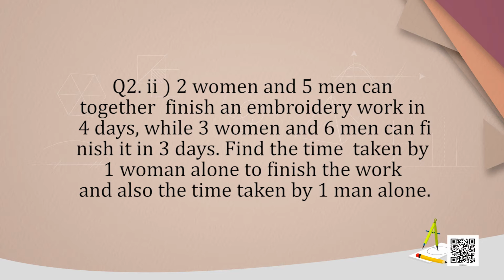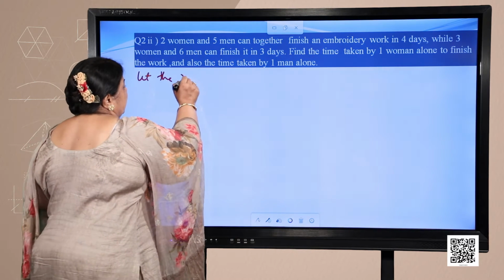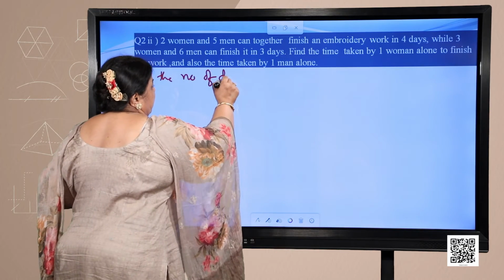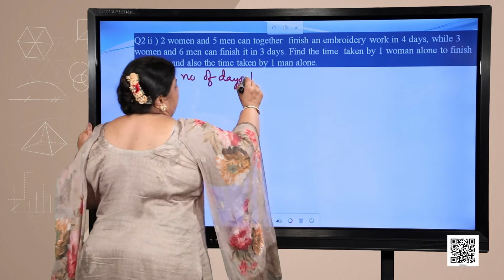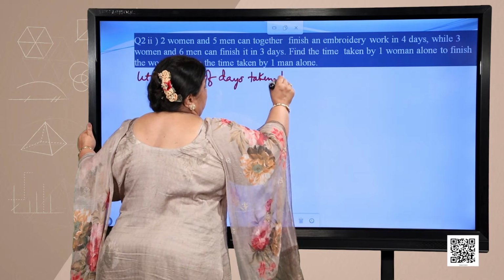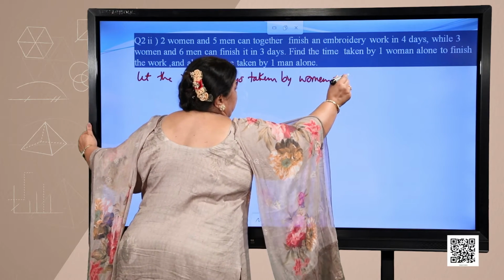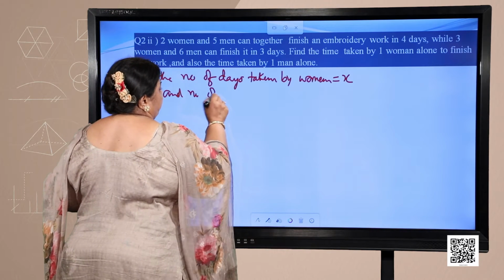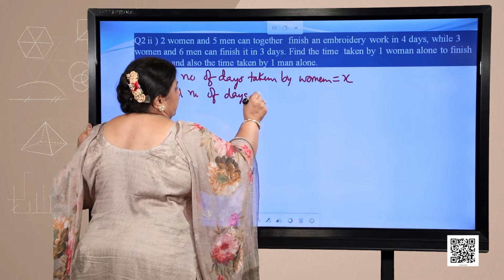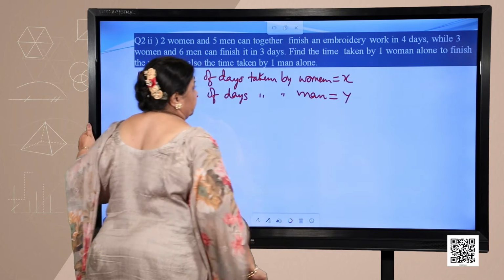In this case, let us take the number of days taken by woman alone to be x and number of days taken by man alone to be y.